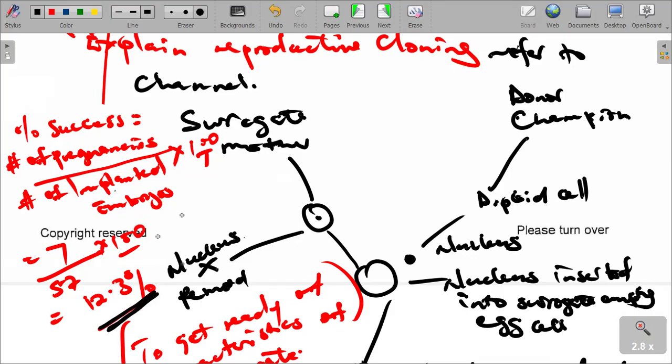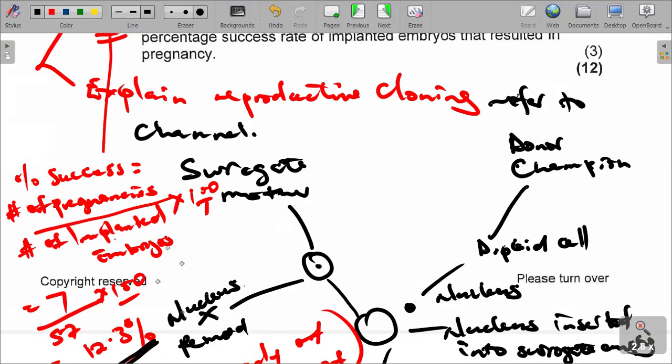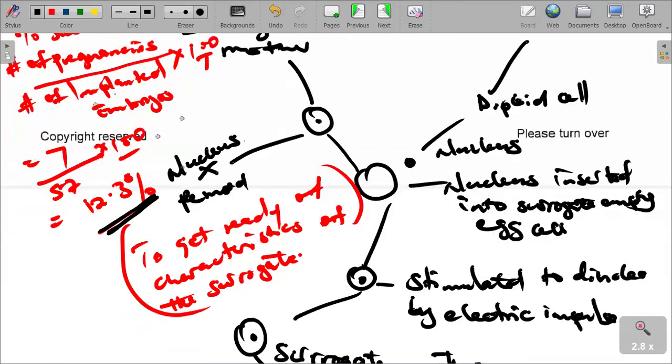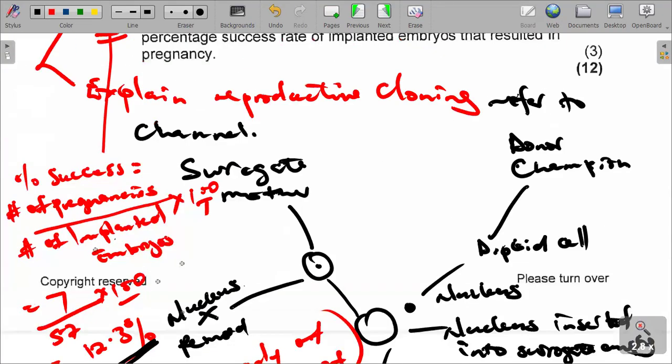You understand? That is the success: number of pregnancies over number of implanted embryos times 100. And then you get your answer there.